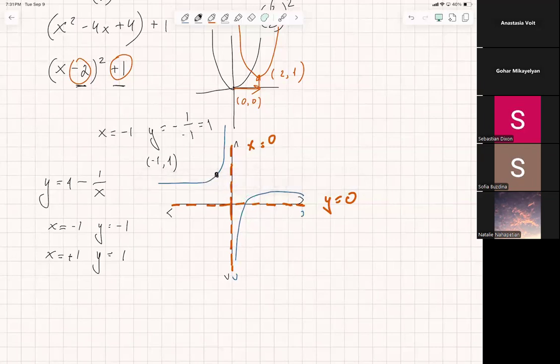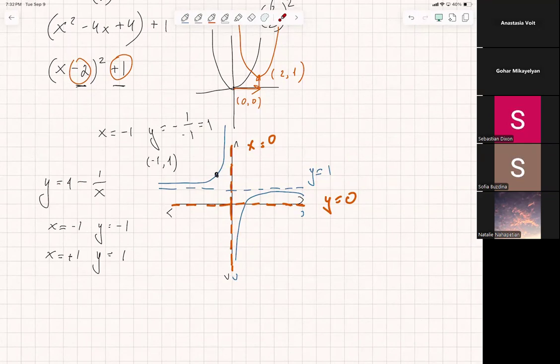And because of that, the asymptotes will also shift, right? So now your asymptote is y equals 1. This one stays, right? Since you were moving 1 unit up, your asymptote will also move 1 unit up, okay? If you have any questions along the way, ask, okay?